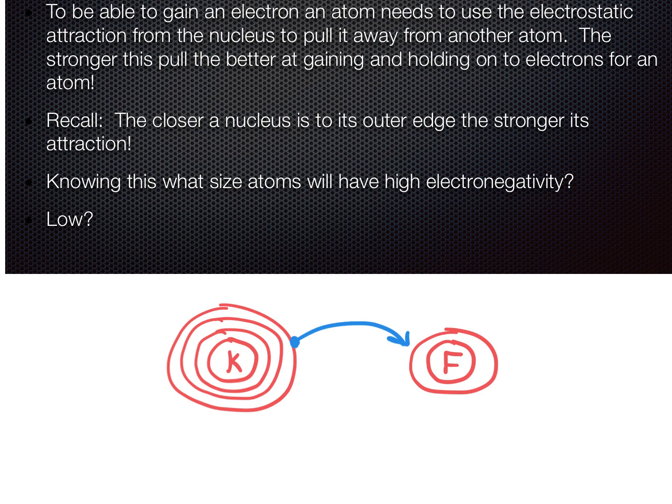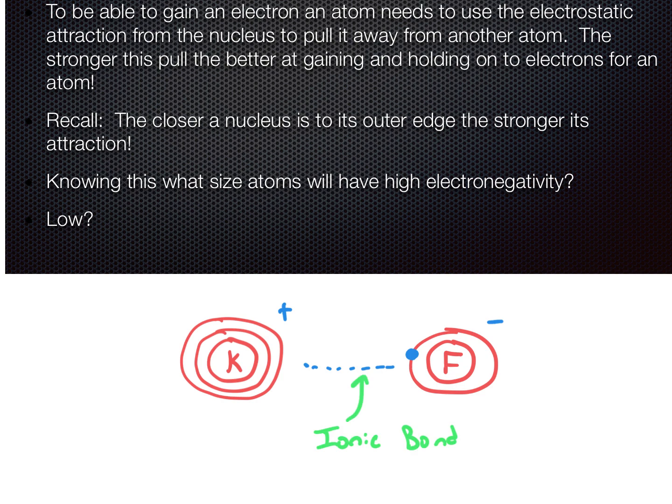But when it does that, because it has more electrons now, it has a -1 charge. And because potassium lost the electron, it has a +1 charge. And those develop what we call an ionic bond. But the fact is that fluorine was small enough to be able to get close enough. And think about this, that 4th energy level electron, potassium's protons are trying to hold on to it.